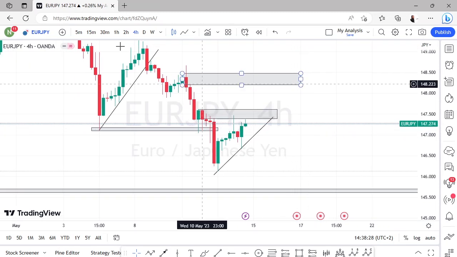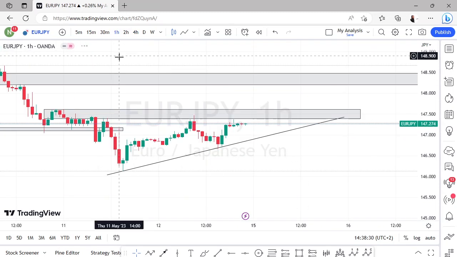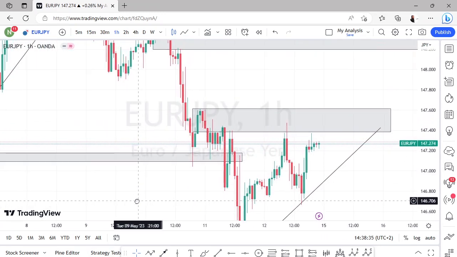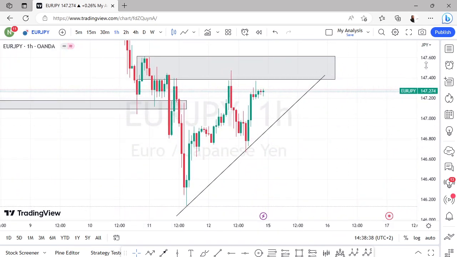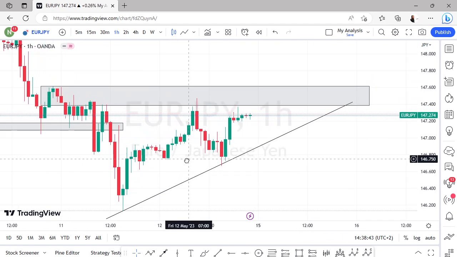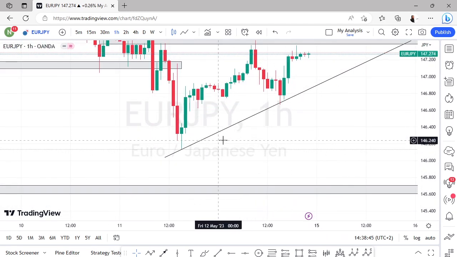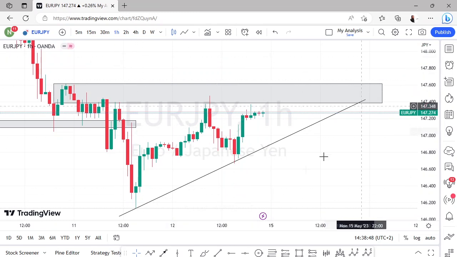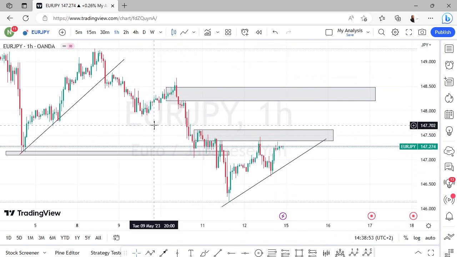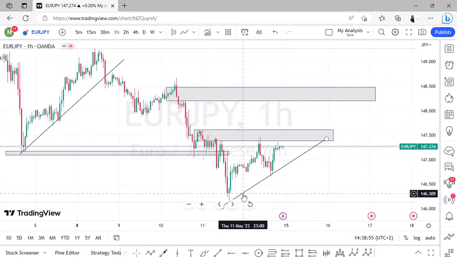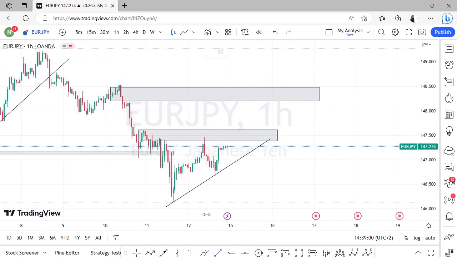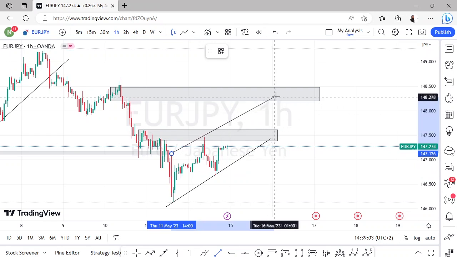So we go to our 1 hour. Remember, for us to enter a trade, we need at least two impulsive candlesticks. That's why I don't really depend on one time frame, because you might find that this is my impulse, but it might be a correction, so I'll have to wait until it gets there.